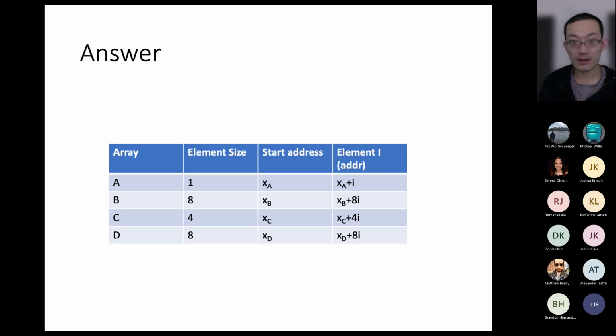Yeah, thank you, Luca. What I'm saying is, first of all, we need to look at what the size of each element is, or what the type of each element is. Then you figure out the size of it. Then we look at the ith element. What should its address be?